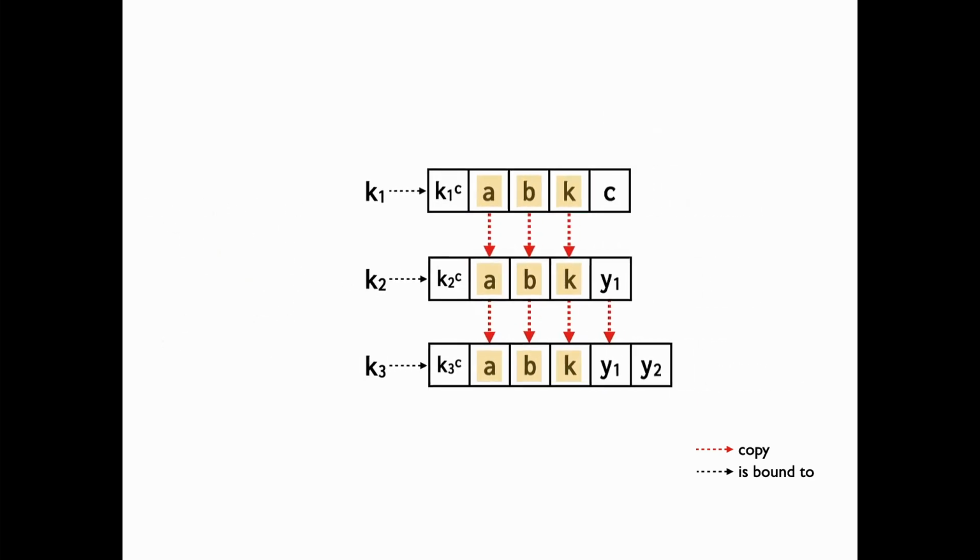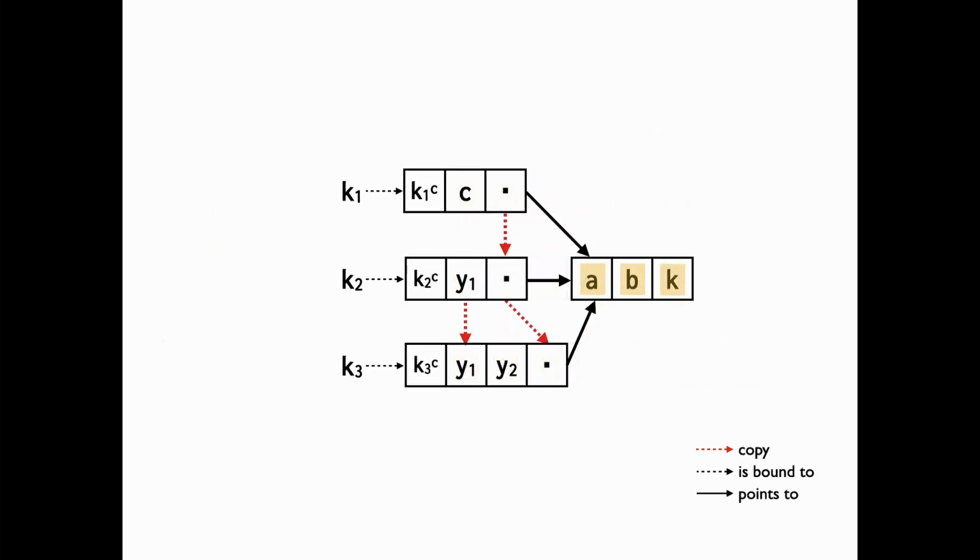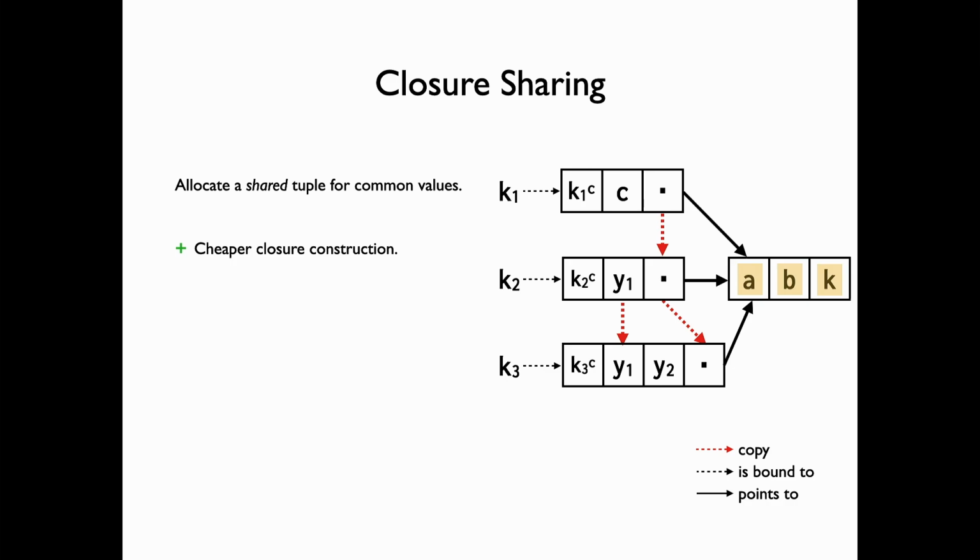So an obvious idea is that we allocate a shared tuple that captures these values, and then we just put a pointer in each one of these closures. Now the closure construction is cheaper because it's one load versus 3, but the variable access becomes more expensive. When K3 needs to access A, it needs to do so via a layer of indirection.